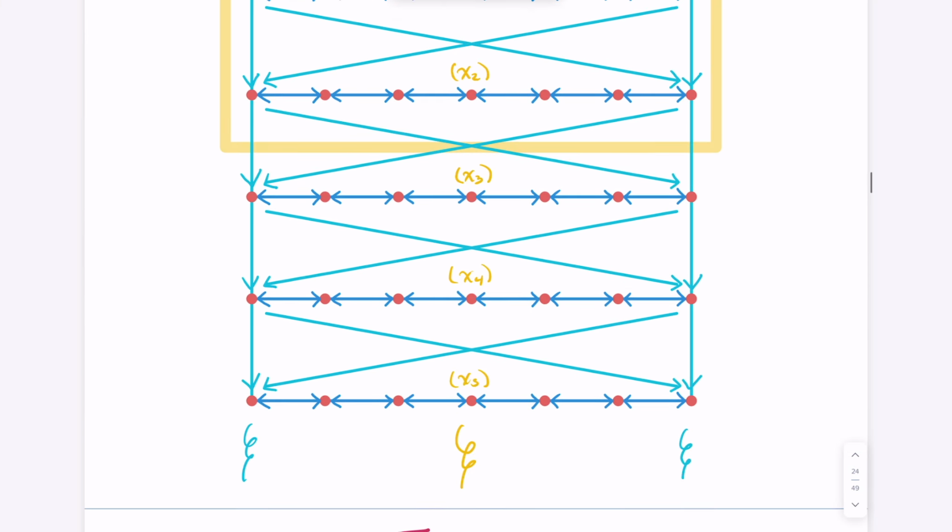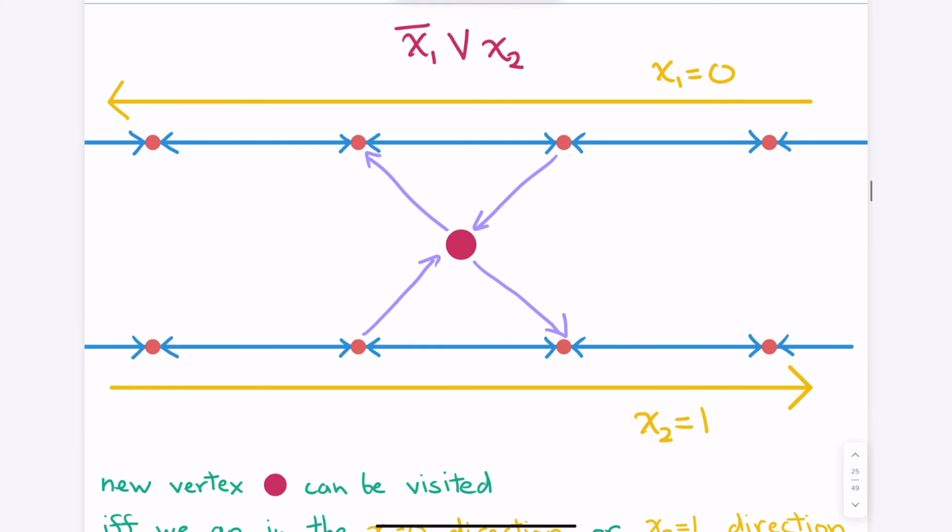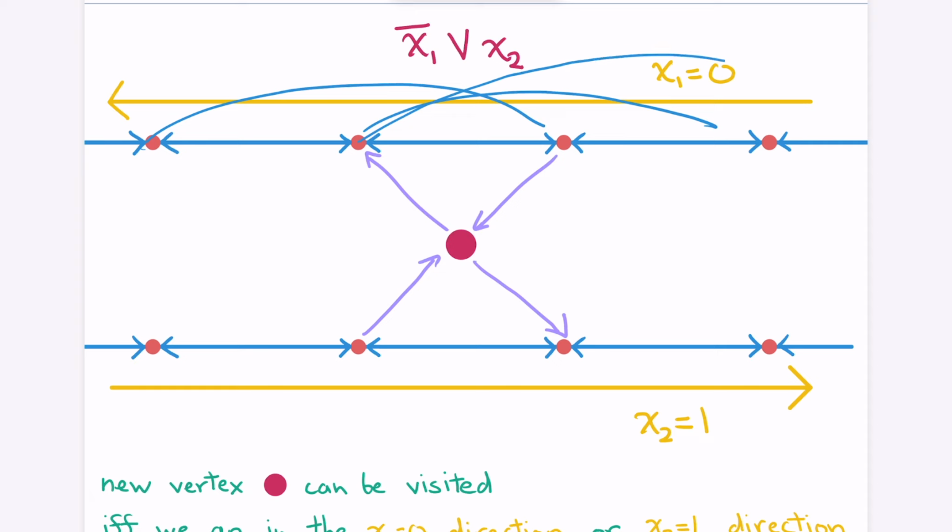Oh, these light blue lines? Okay, so what do I want to do? Oh, like this? Add all these edges? That's risky because it means you can do whatever you want.